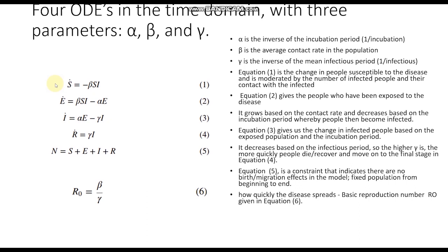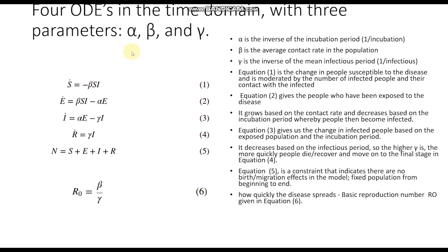The dynamic of the susceptible compartment, dS/dt, is given here: minus beta into S into I, where beta is the average contact rate in the population, S is the number of people in the susceptible compartment, and I is the number of people in the infected compartment.